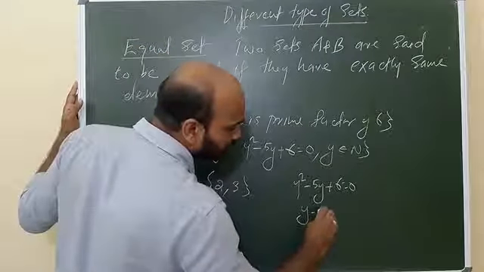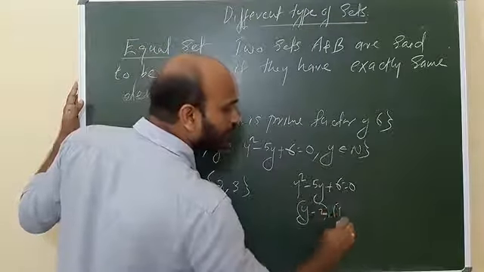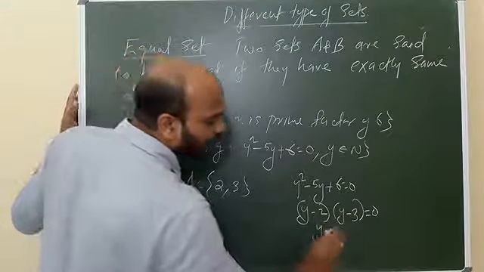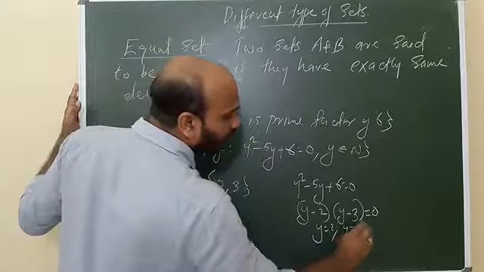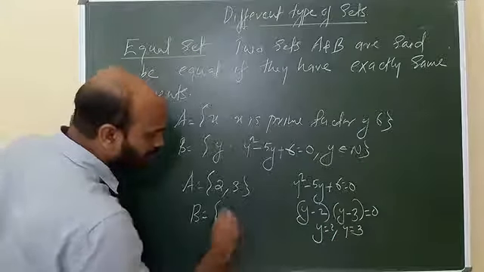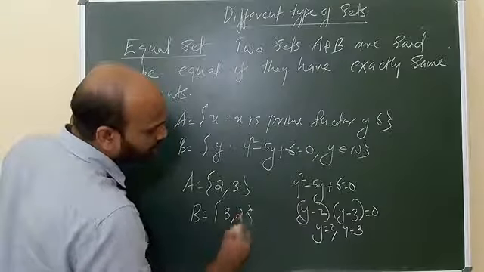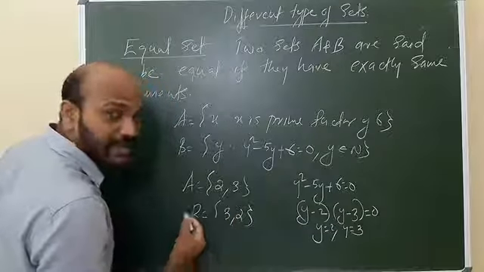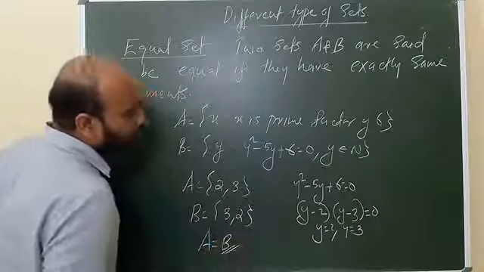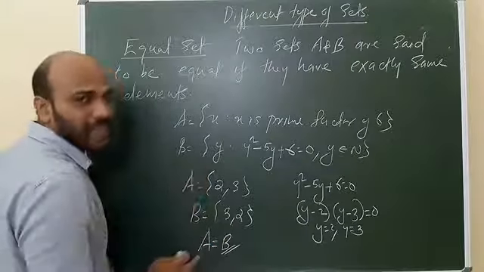So (y minus 2) into (y minus 3) equal to 0. So y equal to 2, y equal to 3. So the elements of B are 3, 2. Actually these two sets contain the same elements. So A is equal to B. Both consist of exactly the same elements.